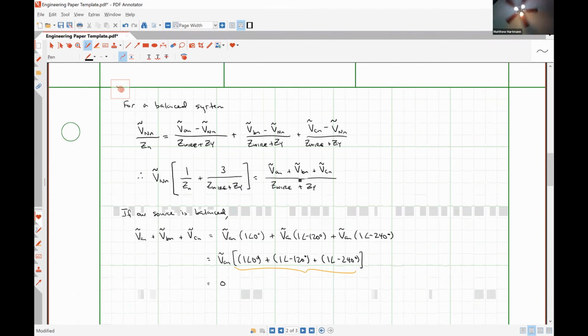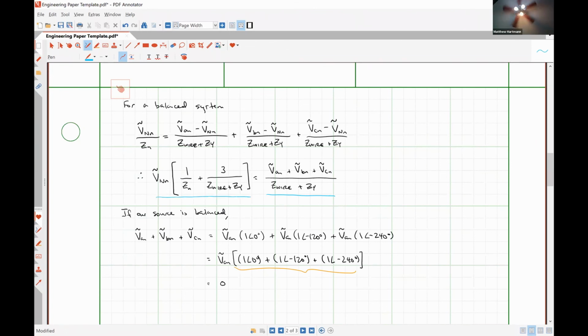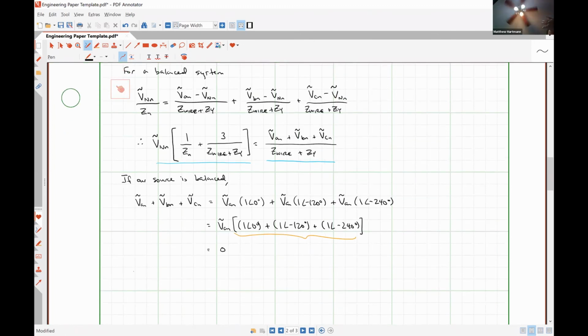Because if the right-hand side of this equation is equal to 0, then the left-hand side of this equation has to be equal to 0. And 1 over Zn plus 3 over Z wire plus ZY won't be 0 unless all of the impedances are 0. So this implies that VNN is equal to 0.